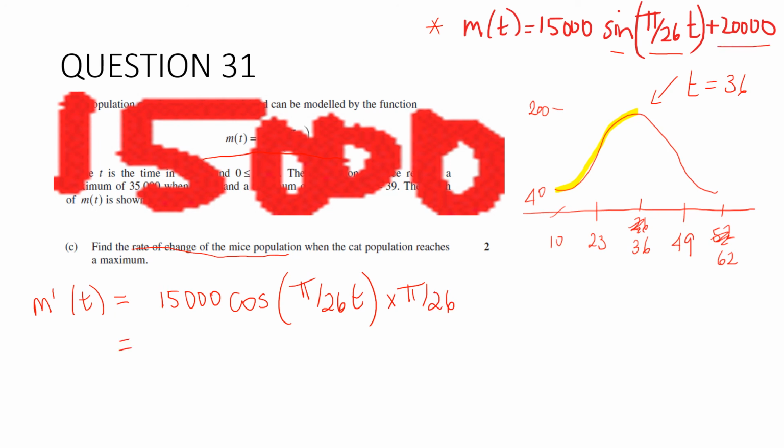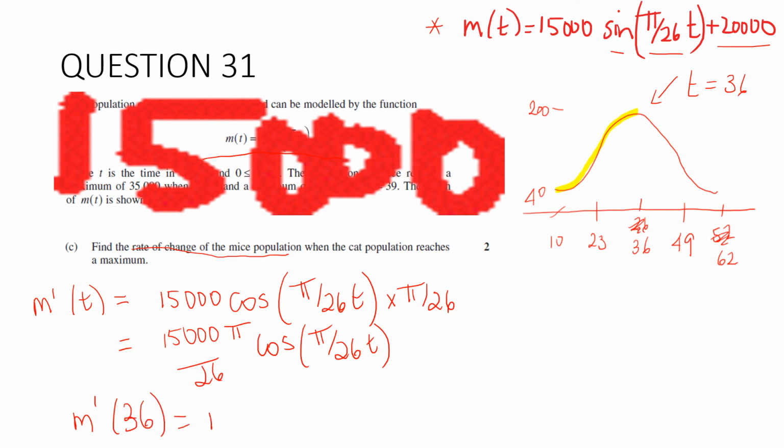Just tidying that up, I get 15,000 pi over 26 cos pi on 26t. And all we need is M dashed of 36, which is 15,000 pi on 26 cos pi on 26 times 36. And put it into your calculator.